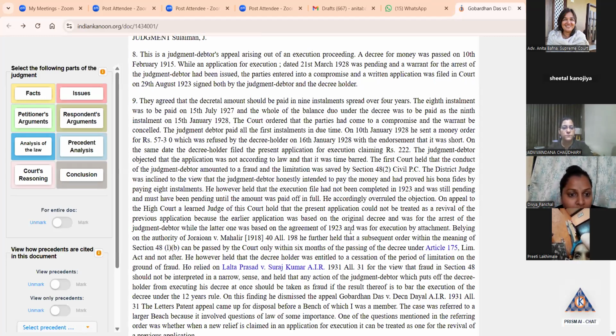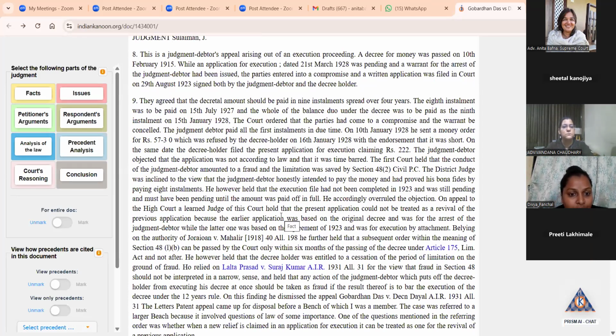On appeal to the High Court, a learned judge of this court held that the present application could not be treated as a revival of the previous application, because the earlier application was based on the original decree and was for the arrest of the judgment debtor, while the latter one was based on the agreement of 1923 and was for execution by attachment.